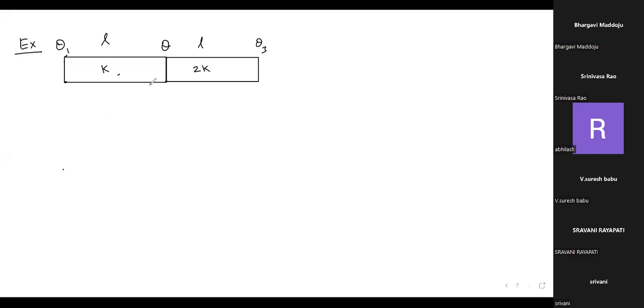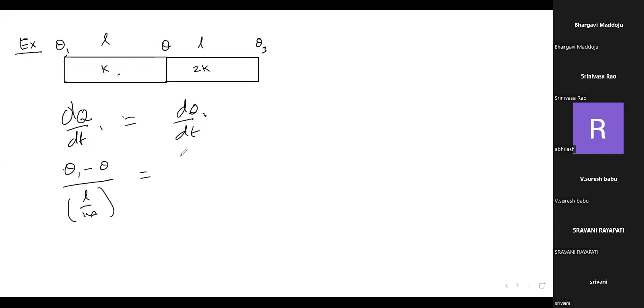But the main concept in the series combination is that the rate of heat flow will be the same. The rate of heat flow in the first rod should be equal to the rate of heat flow in the second rod. Both are the same. In the first rod, the rate of heat flow becomes temperature difference by thermal resistance: theta1 minus theta divided by L by K, where L by K is the thermal resistance.